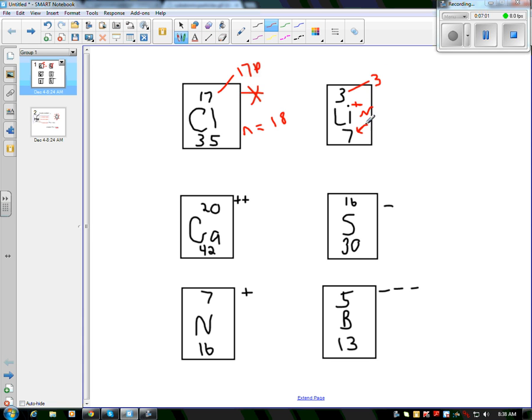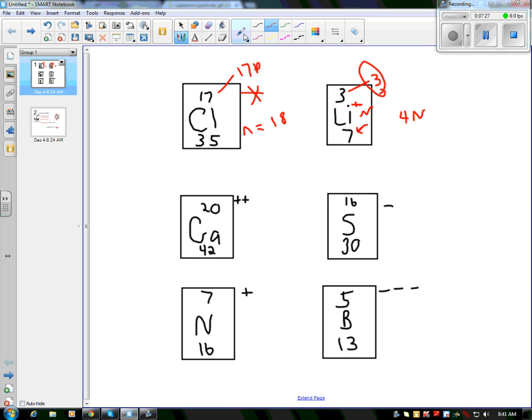All right, so 3 plus what equals 7? 4. That's right. So neutrons equals 4. Again, there's no sign over here that says there's an overall charge, so that means it's neutral. So we know that the electrons are the same as the protons. The charges are the same. You have 3 positives, you have to have 3 negatives.